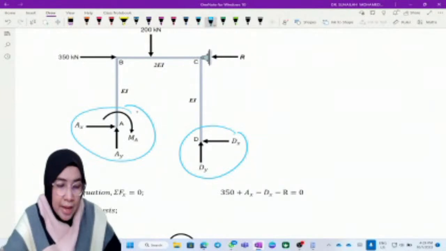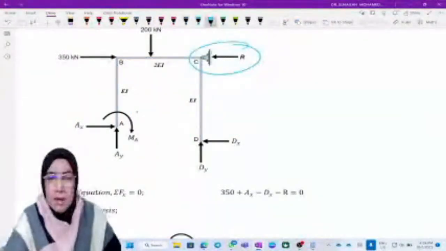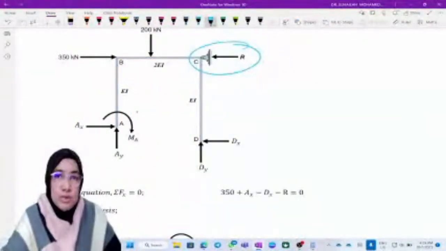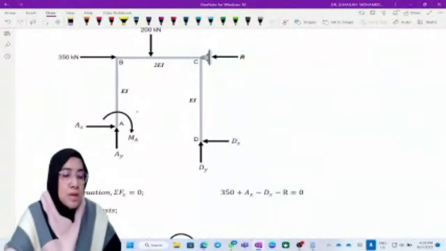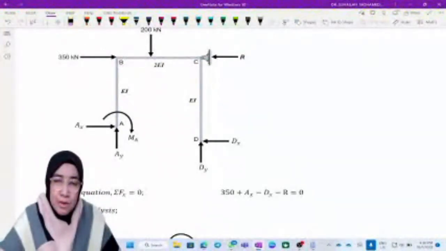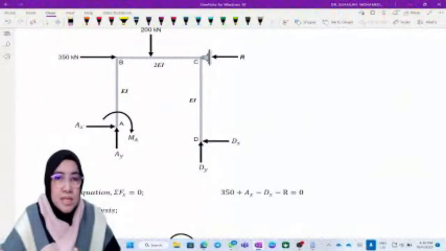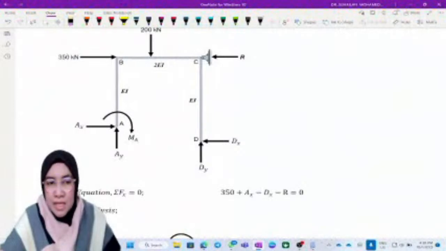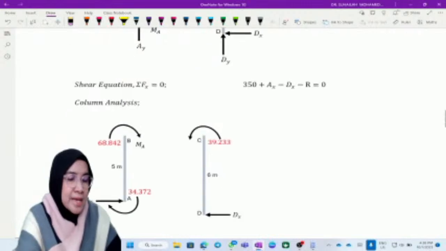And then the pin support that we put, to change from the original frame to the fully restrained frame. Keep in mind that we are doing this because we want to calculate the R value. Since R is in the horizontal direction, and delta always refers to the column movement, that is why we call it the shear equation.